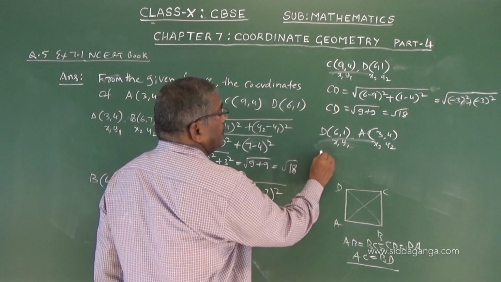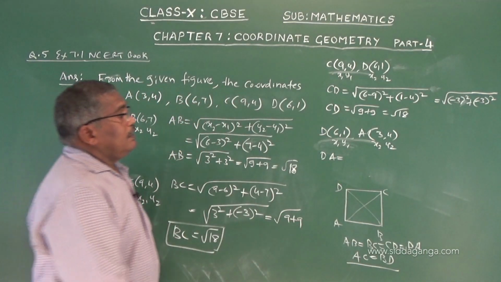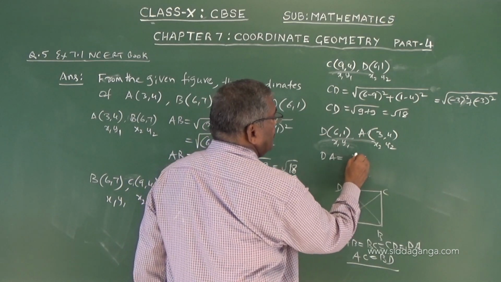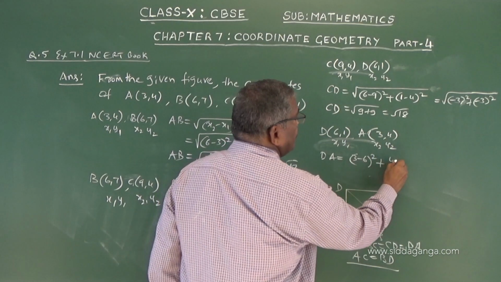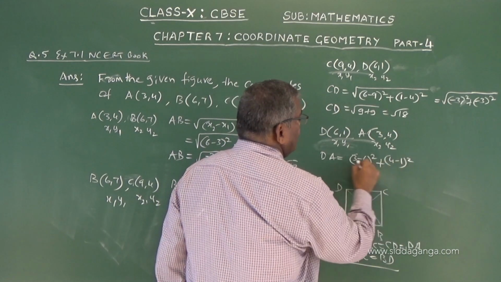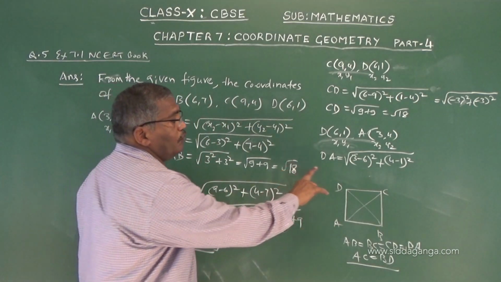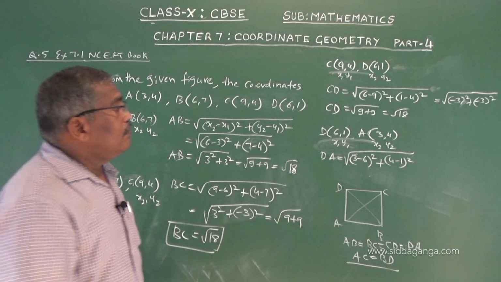DA is square root of (3 minus 6) whole square plus (4 minus 1) whole square, that is square root of (x2 minus x1) whole square plus (y2 minus y1) whole square.